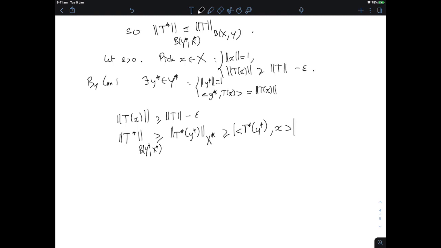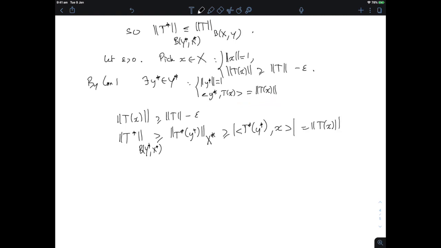And now this here is equal to y star applied to T of x. Oh no, sorry. All I need to say at this stage is, using the fact that y star is a norming functional, this is equal to the norm of T of x.